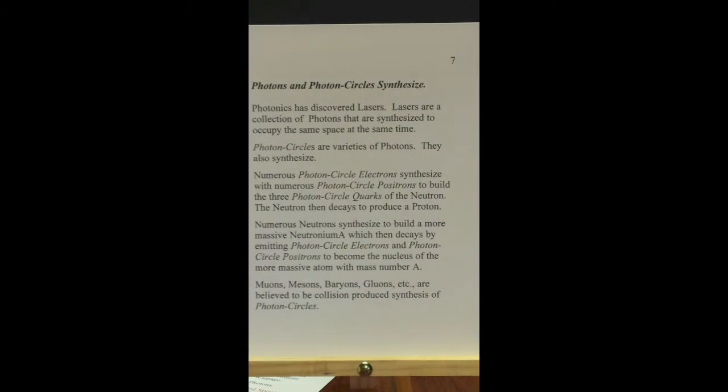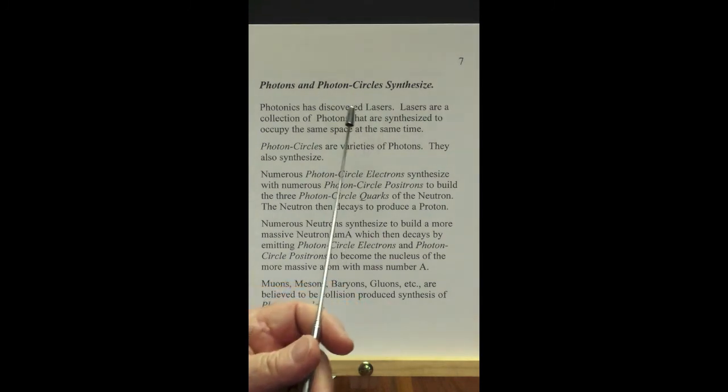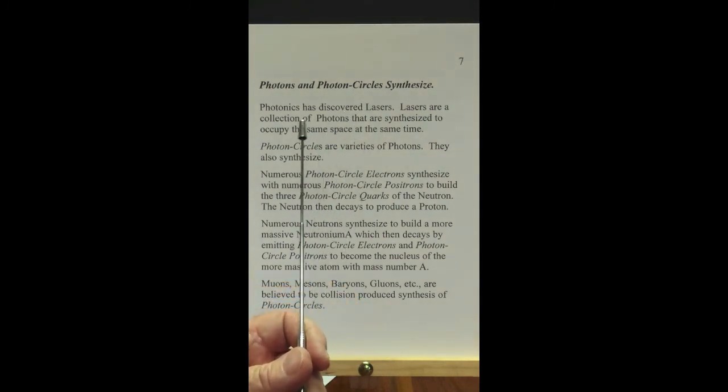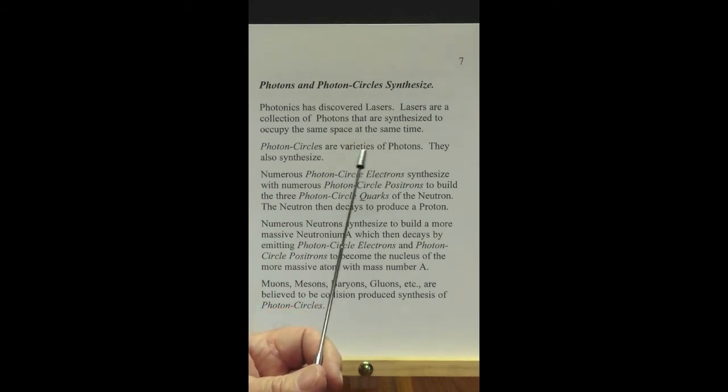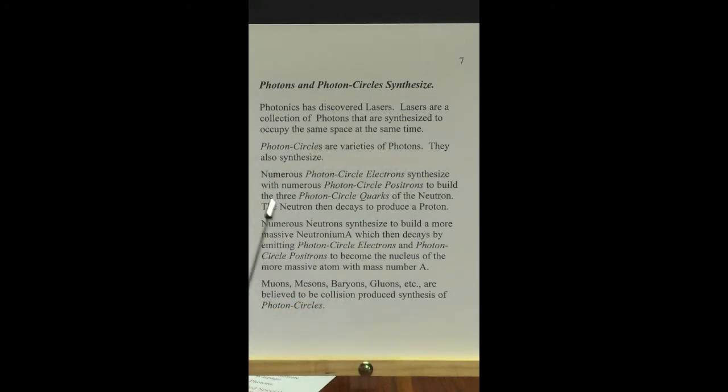Photons and photon circles synthesize. Photonics has done a beautiful job of discovering lasers, and lasers are just simply a collection of photons that have been synthesized to occupy the same space at the same time. Well, photon circles are a variety of photons, and they also synthesize.